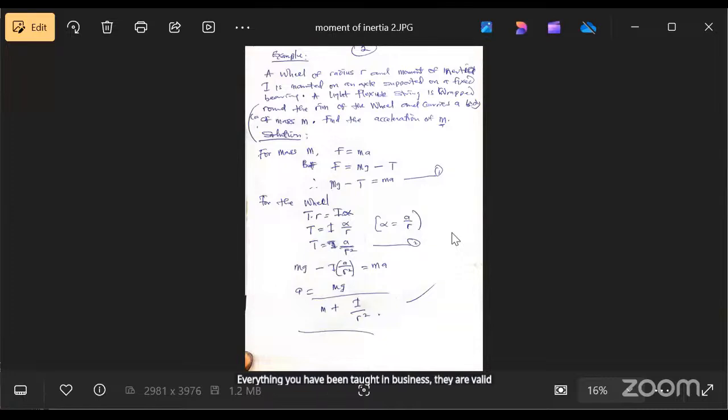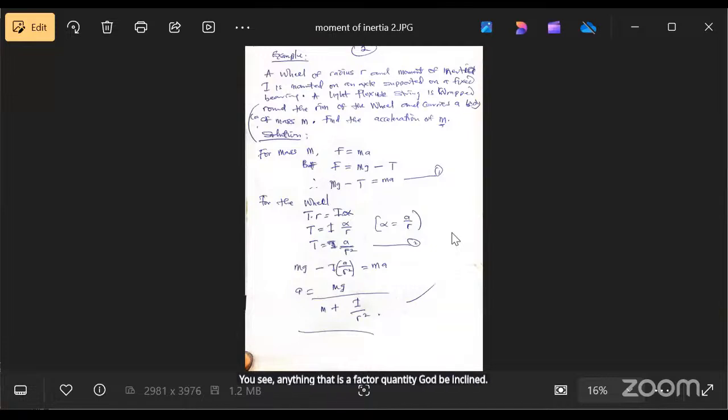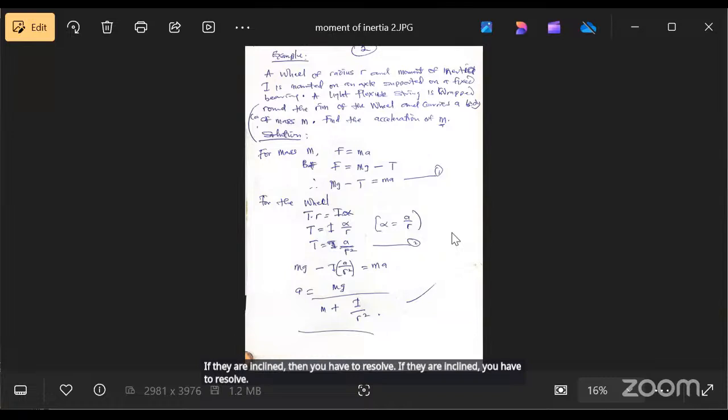If acceleration is at an angle, or if the force is at an angle, anything that is a vector quantity can be inclined. If they are inclined, then you have to resolve. That will bring you to geometry. Maybe it will be F cos theta for the horizontal, F sin theta for the vertical.